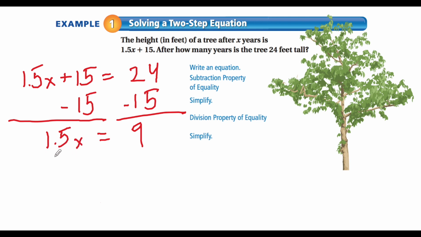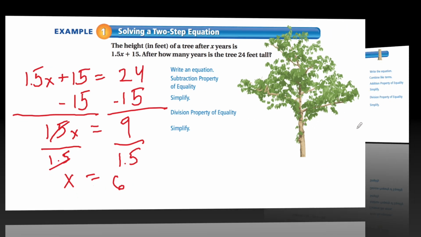The inverse operation of multiplication is division, so we have to divide each side by 1.5. When we do that, the 1.5s cancel, and x is equal to 9 divided by 1.5, which is 6. So after 6 years, the tree is 24 feet tall.